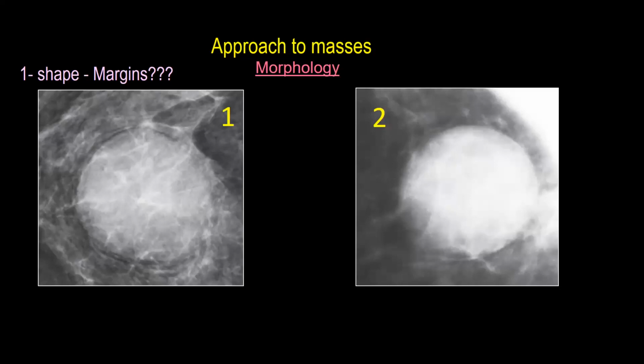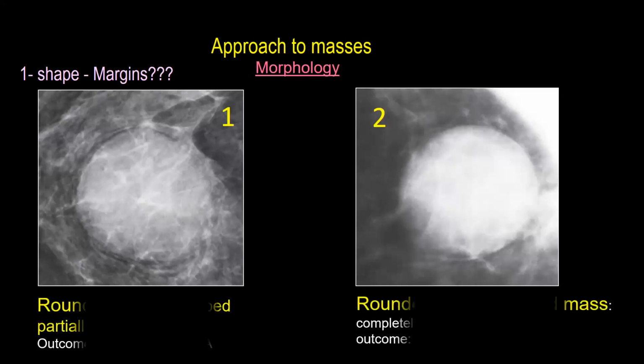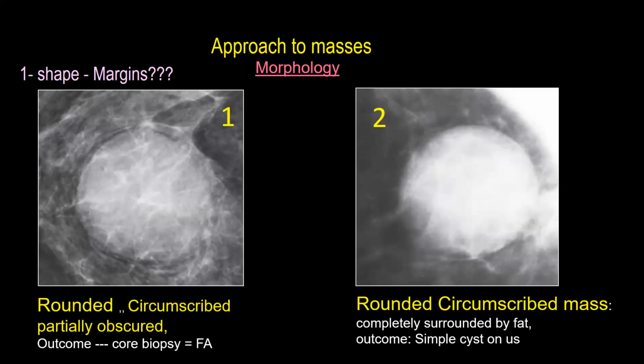So, unless ultrasound reveals a simple cyst, I will not be relaxed and take it as just benign. Both are round, circumscribed, partially obscured, as you mentioned, and this is circumscribed. That one was a simple cyst, and this was a fibroadenoma.